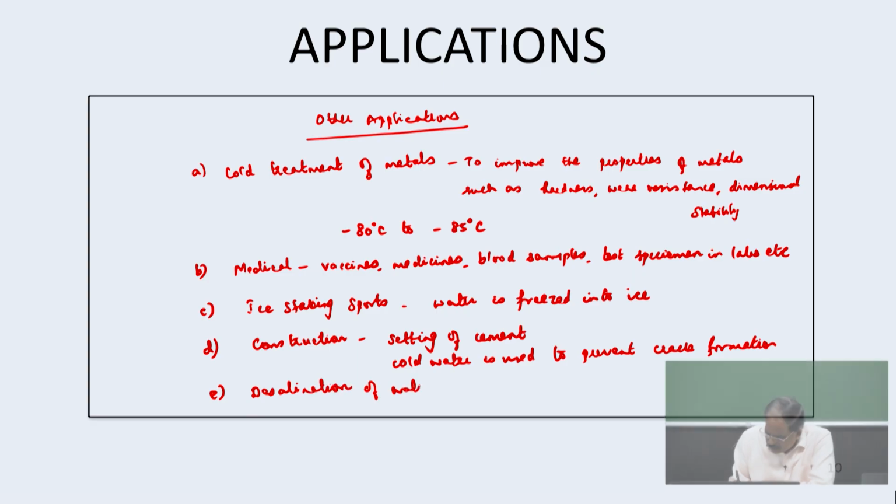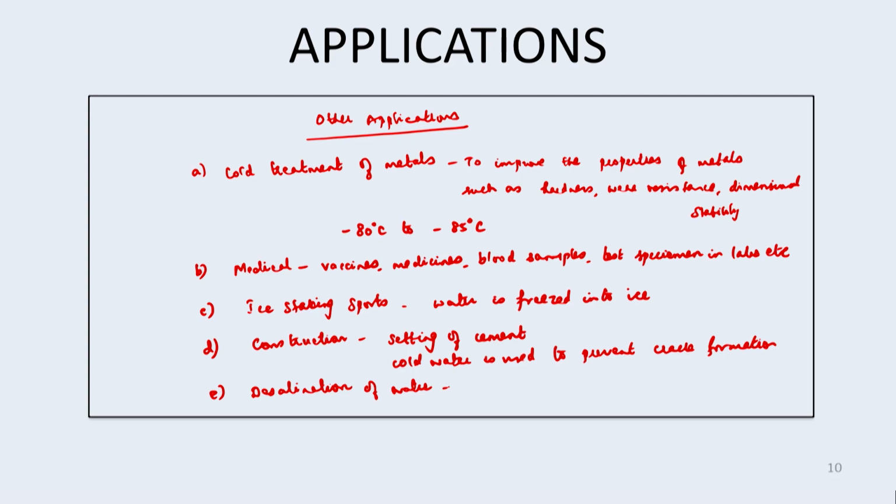Desalination of water is a term used to convert salt water into potable drinking water. When it is converted into ice, the salt content reduces. It is not free from salt.